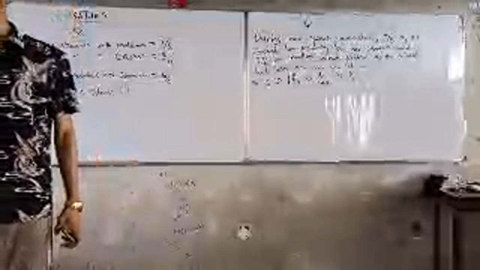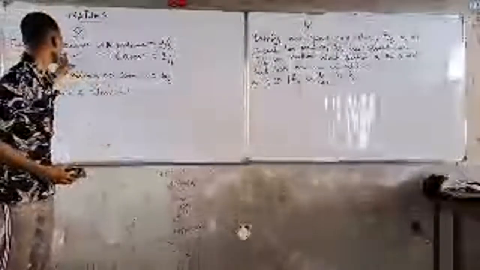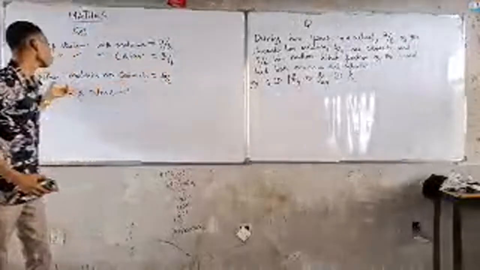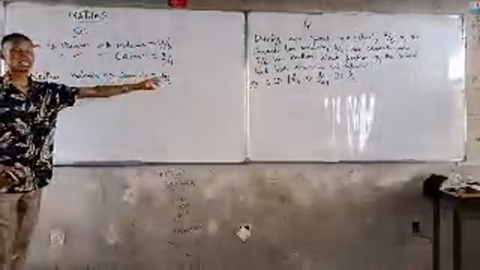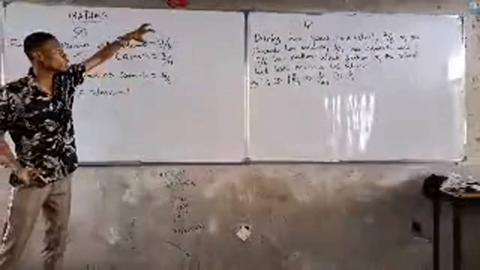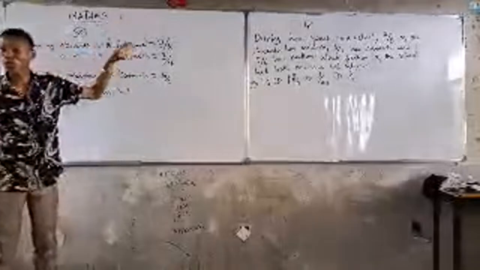Does it mean they don't have catarrh? We don't know. They might also have. So the fraction of students with catarrh is just 3/4. Then those that have neither, 5/6. We are asked to find the number of students with both malaria and catarrh.